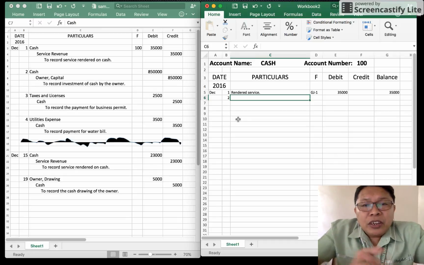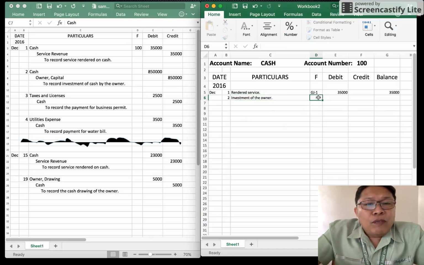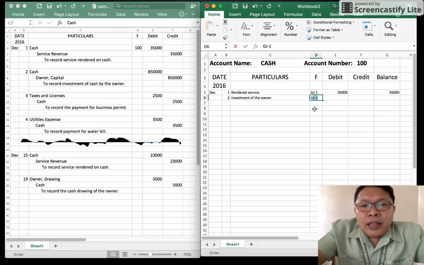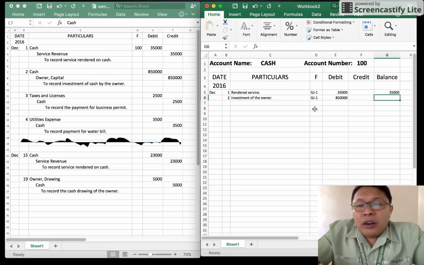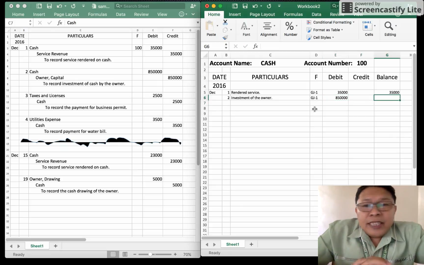So in the particulars, we have to write investment of the owner. We know that that 850,000 cash was invested by the owner and that record appears on your general journal, page 1. We debit 850,000 as written in our entry.